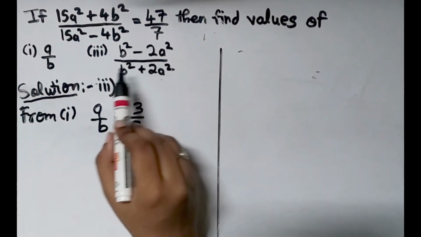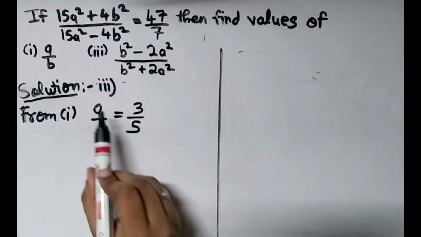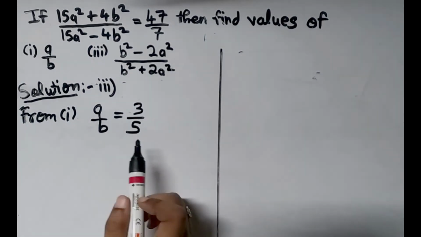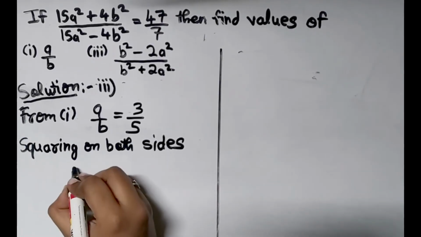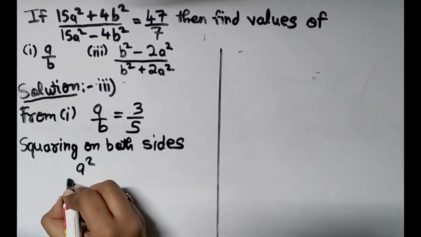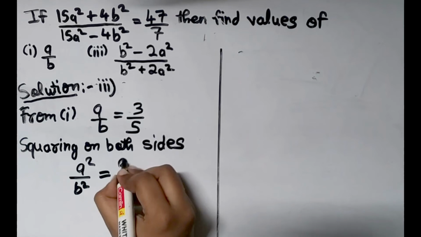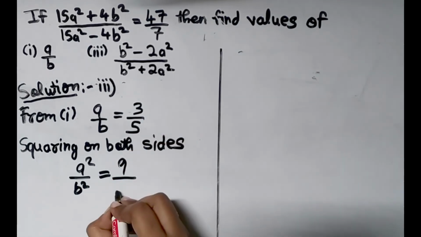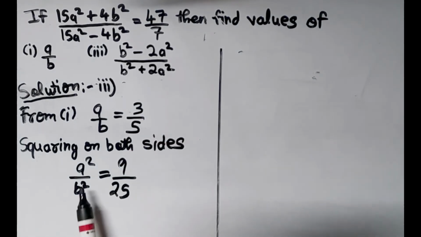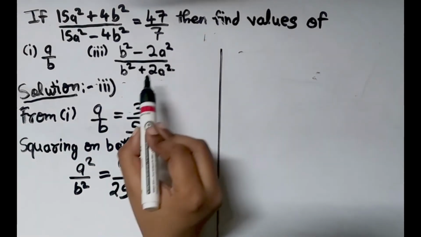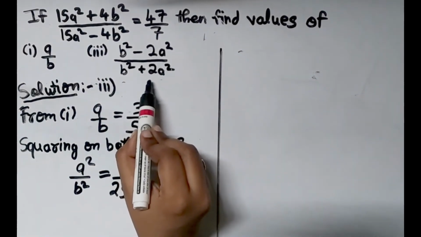A square and b square we want. So what we will do, we will square this on both sides. Squaring on both sides, what we will get, a square upon b square is equal to 3 square will be 9 upon 5 square will be 25. We got the value of a square upon b square. See, with a square 2 is there, right?